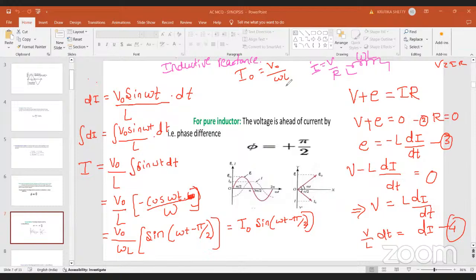So V naught upon omega L is taken as I naught, and omega L is taken as XL.